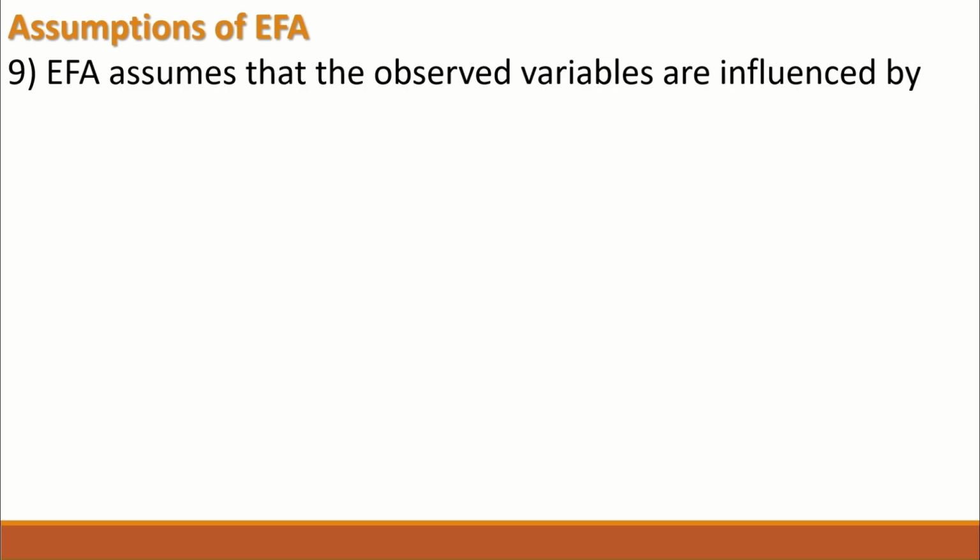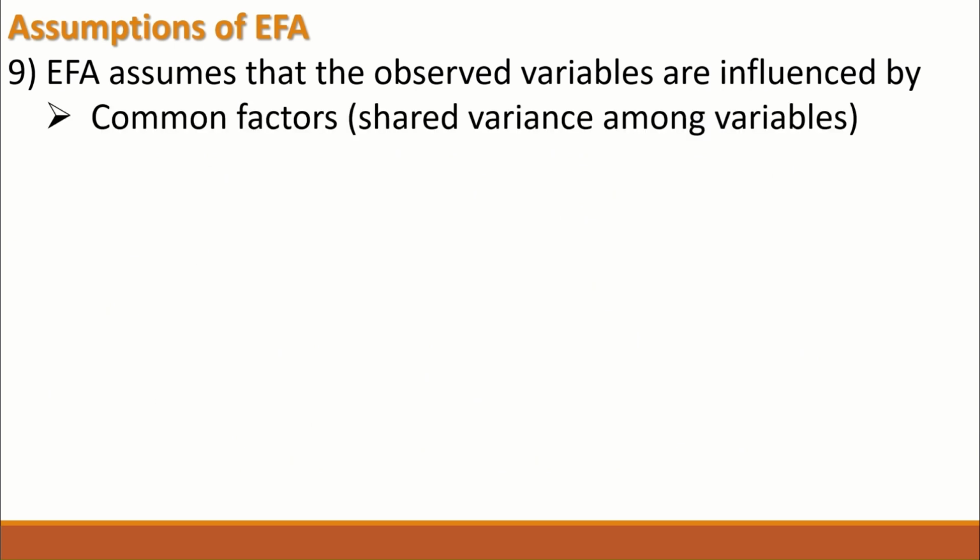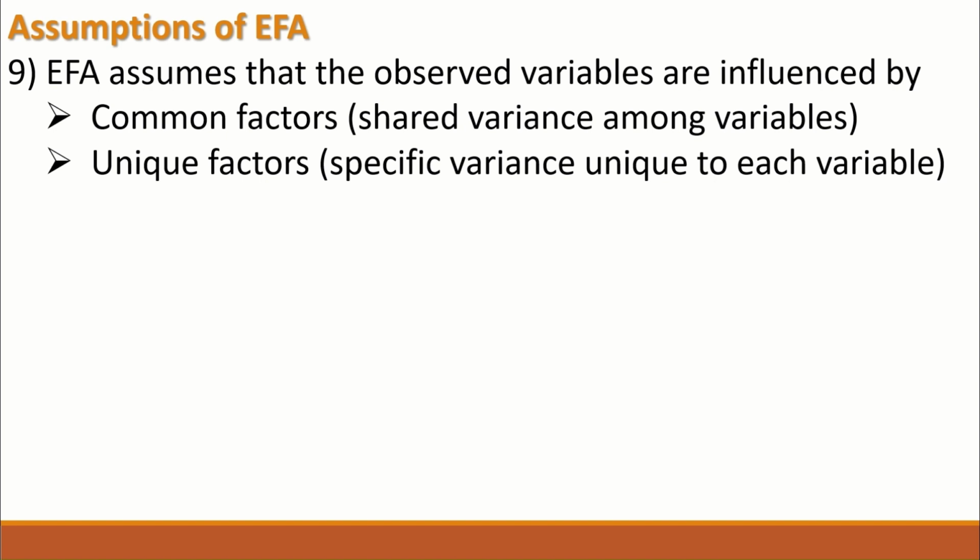The ninth assumption is that EFA assumes the observed variables are influenced by two things. The first one is the common factors. The second one is the unique factors. Common factors are shared variance among variables, and unique factors are specific variance unique to each variable.